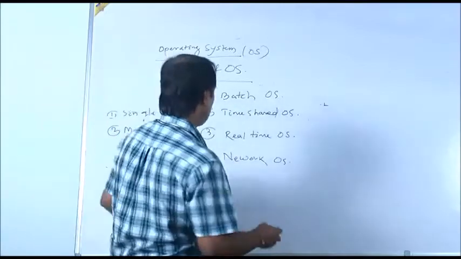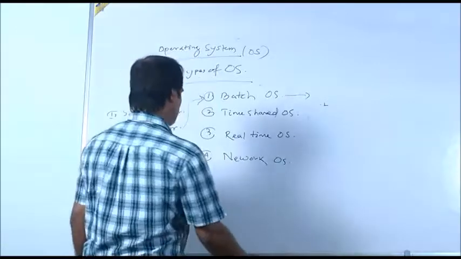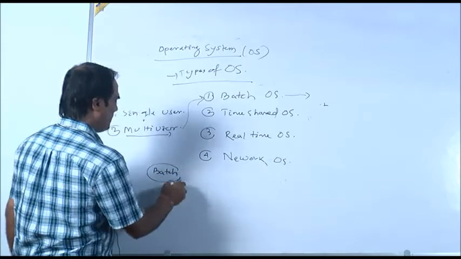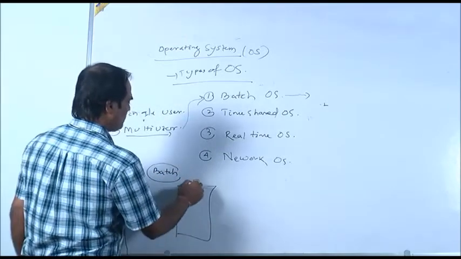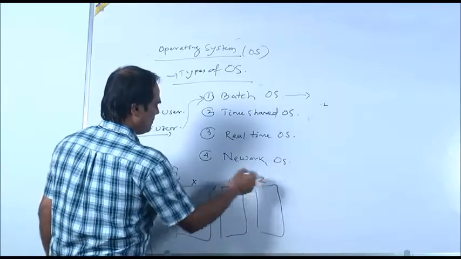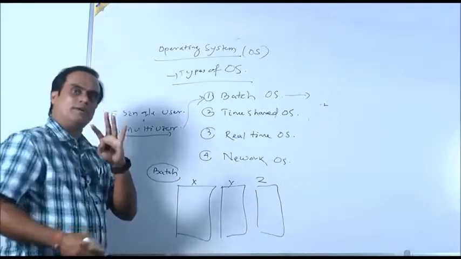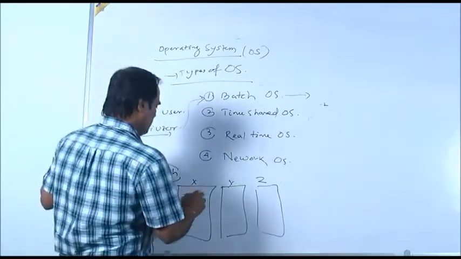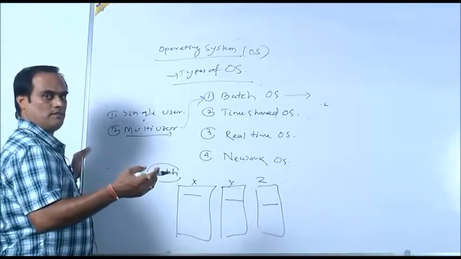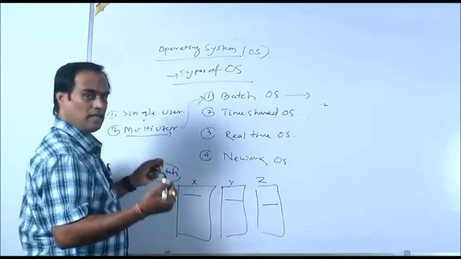Okay. So, what is the batch operating system? Batch operation, batch means what? Batch wise. Normally, let it be x, this is y and this is z. Suppose we are giving 3 programs. Definitely batch wise, it will complete the first, then the next, then the next, one after another. So, it will take some time, there is no parallel execution, only serial execution.